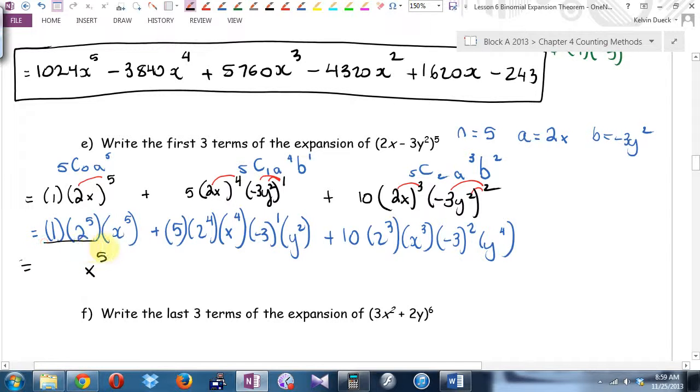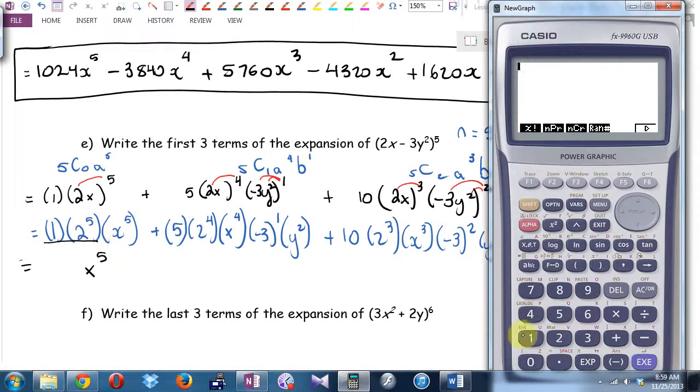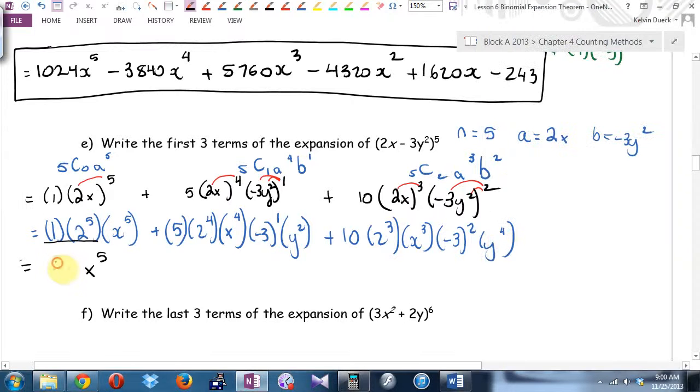But this is going to make up the coefficient, a 1 times 2 to the fifth. A 1 times 2 to the fifth. I didn't really need to type the 1 times, but in the other ones I will need to type stuff, so I just wanted to show you that's what we did. It looks like the first term ends up being a 32 x to the 5th.